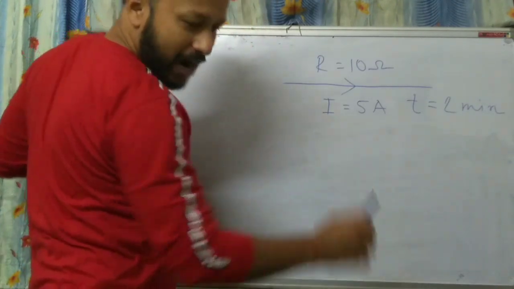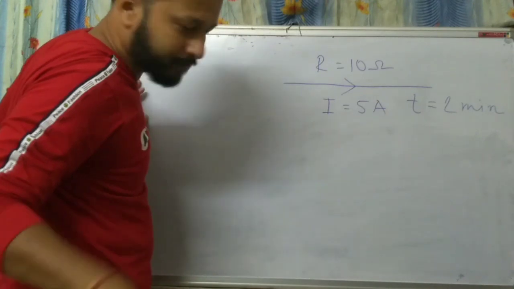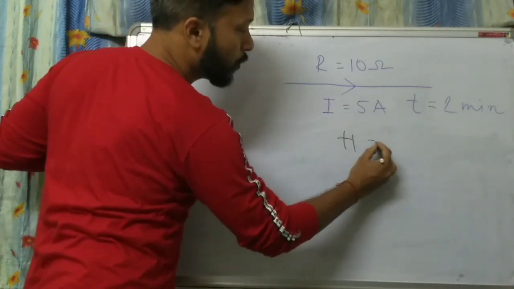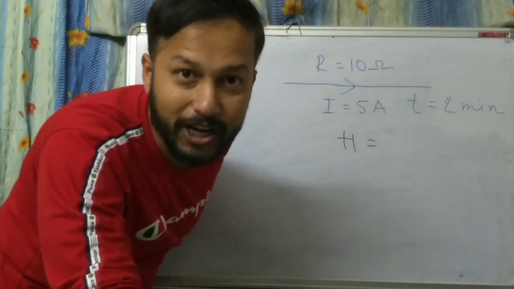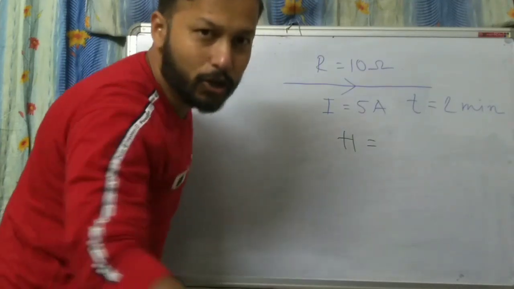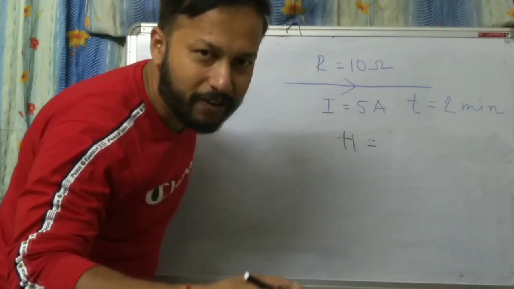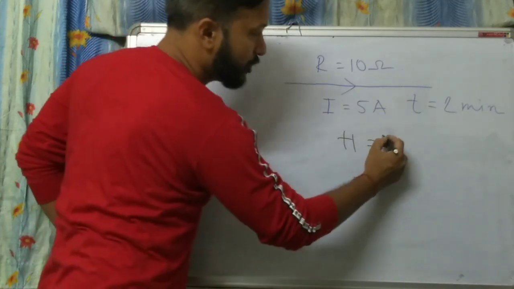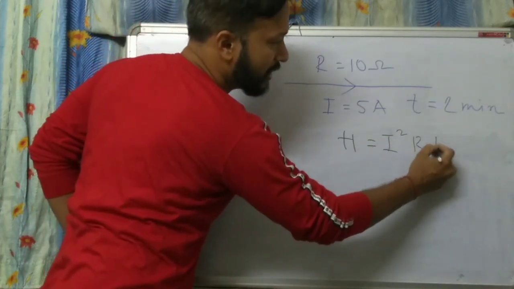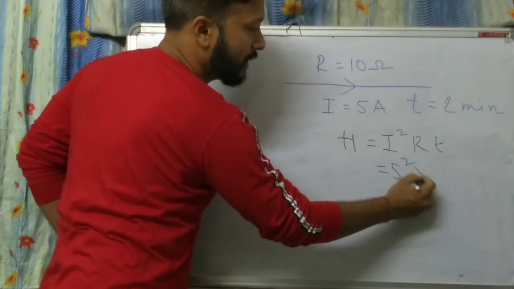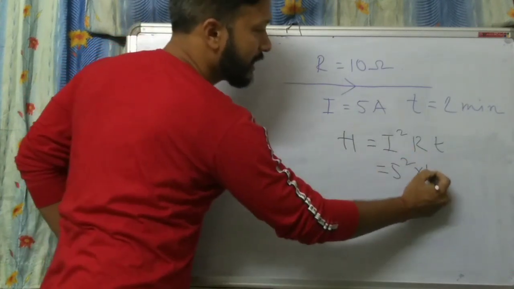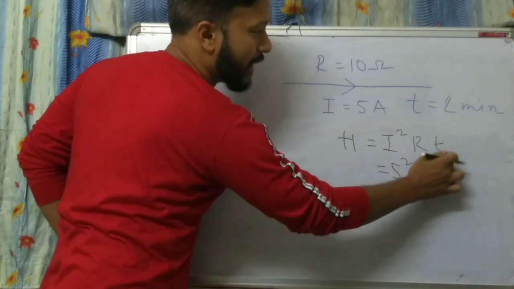From Joule's laws of heating effect, we discussed that H equal to I square RT. So let us use that formula and put the values. H equal to I square RT equal to 5 square into 10 into time.